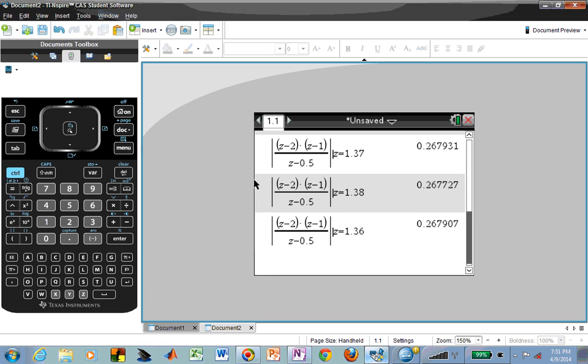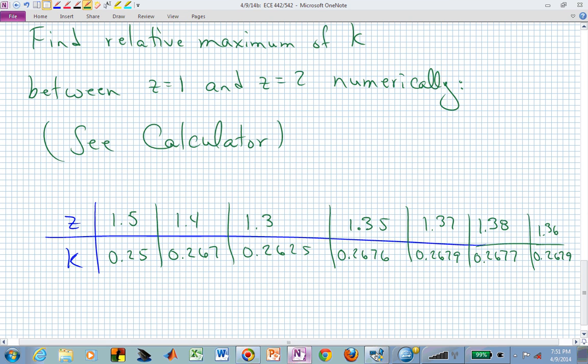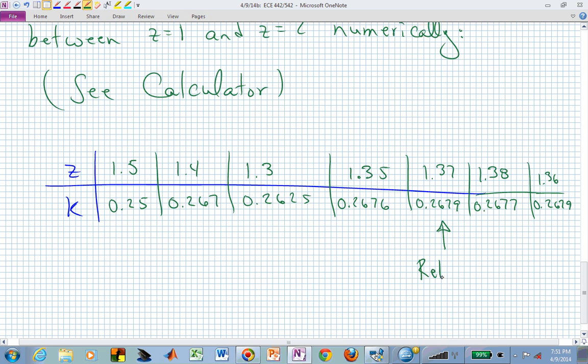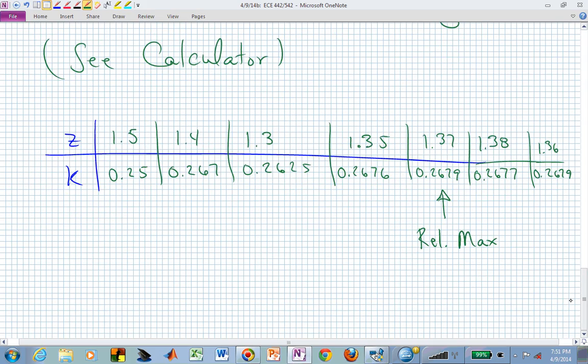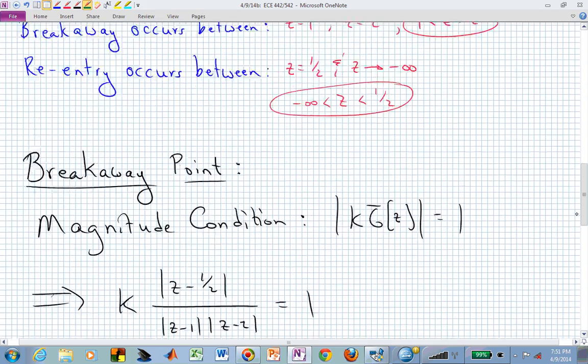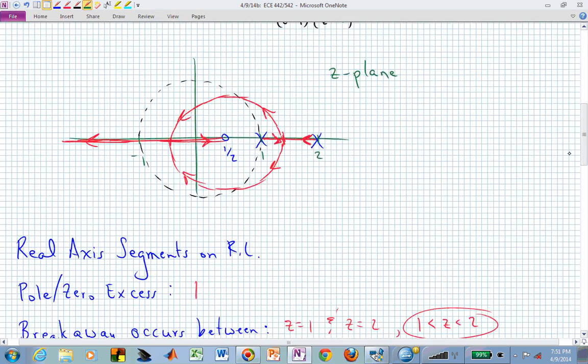If we compare 1.36 to 1.37, we're looking at a bigger number at 1.37. So here is our relative maximum. We can now say that we know where the maximum is going to be at the breakaway.